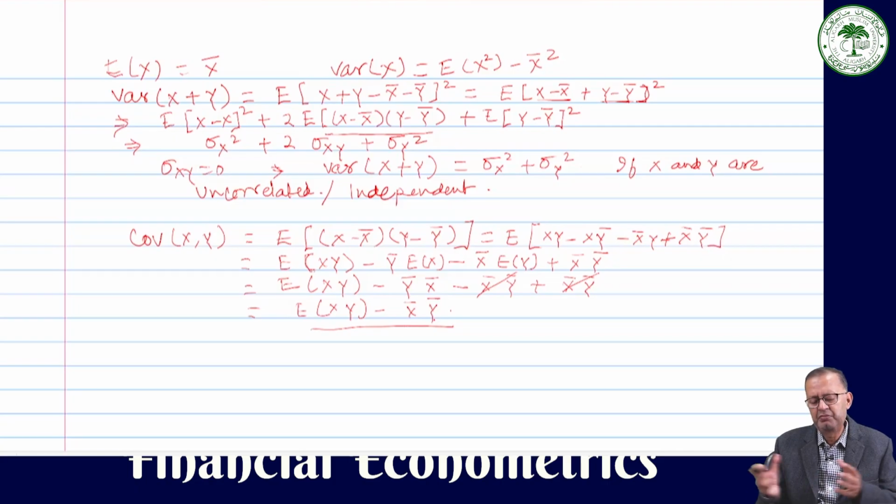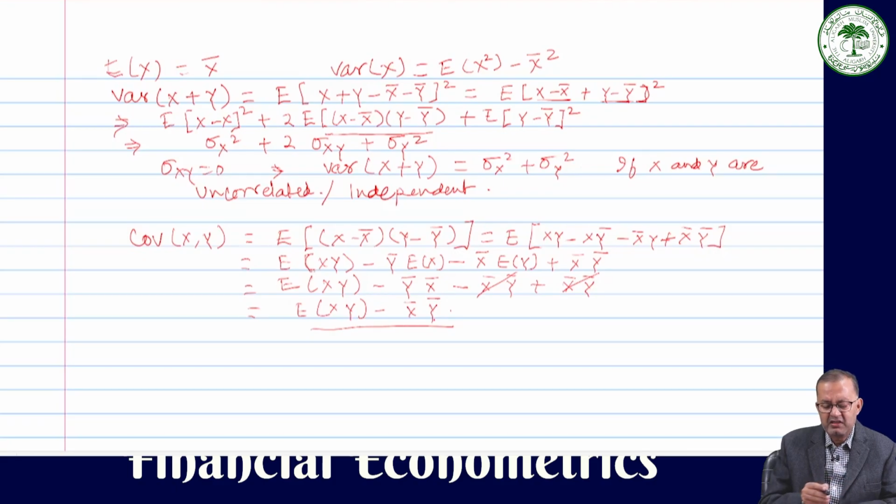The covariance between the return of two assets could be positive or negative, or there could be no relationship between the return of one asset and the return of another asset.